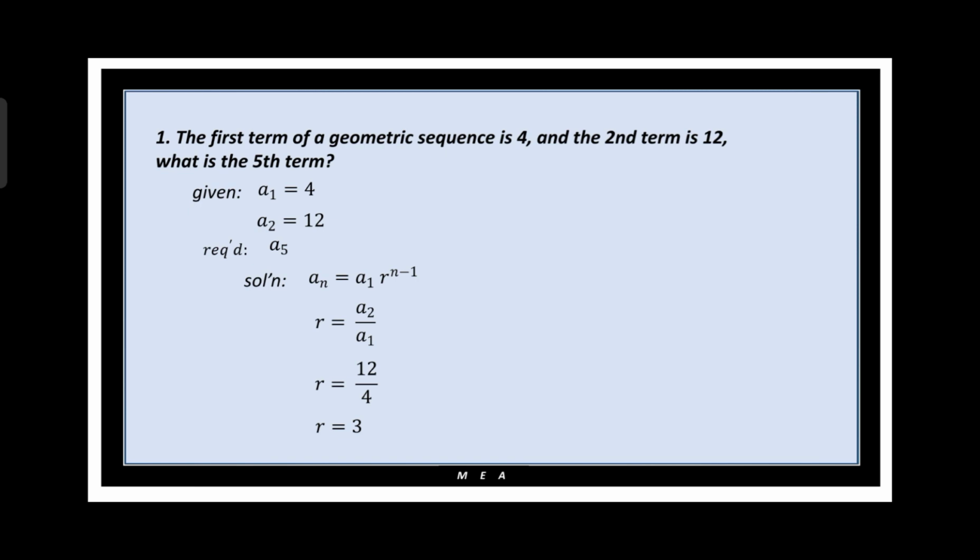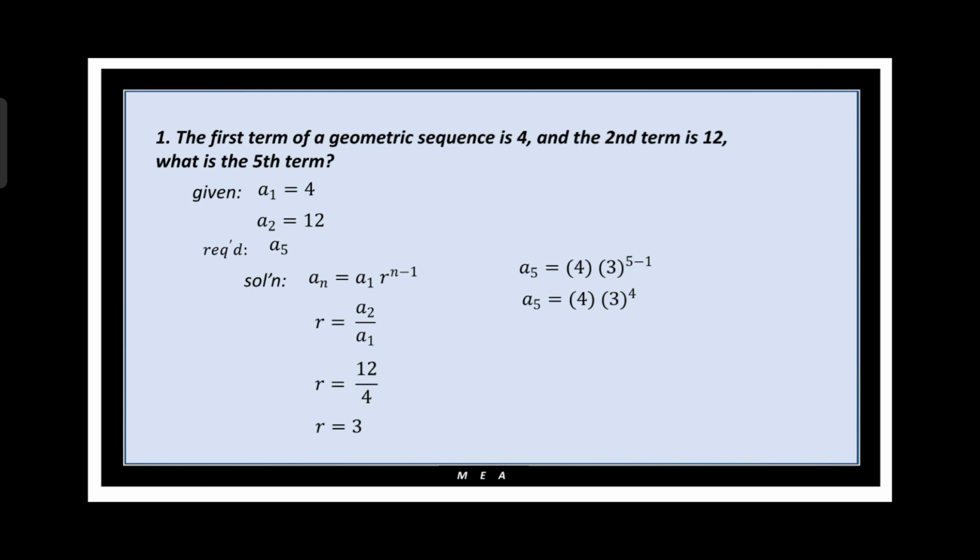Okay, now we have the common ratio. I-substitute na natin yung mga given values sa ating formula. So, a sub 5 now is equal to 4, yung ating first term, times 3 na common ratio raised to 5 minus 1. Then, we have a sub 5 equals 4 times 3 raised to 4.